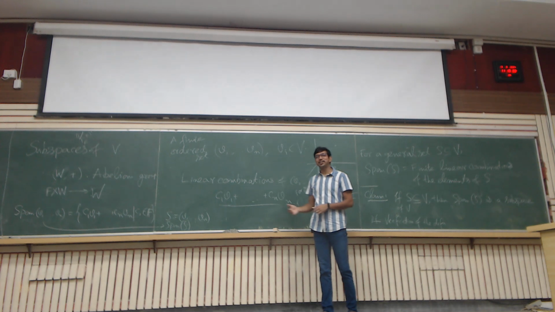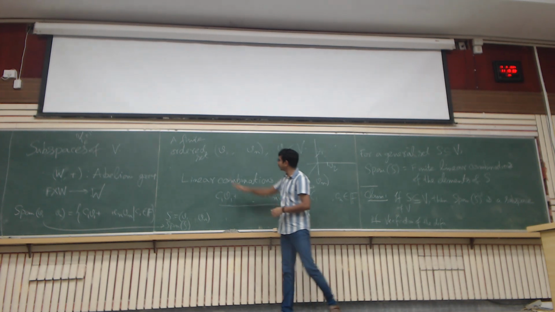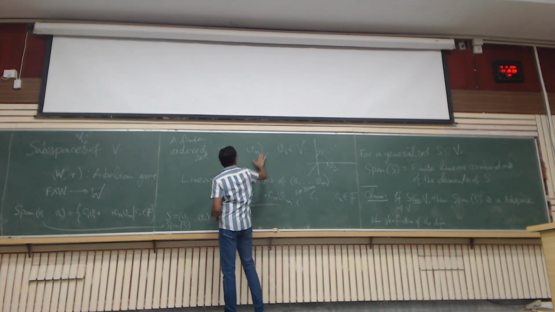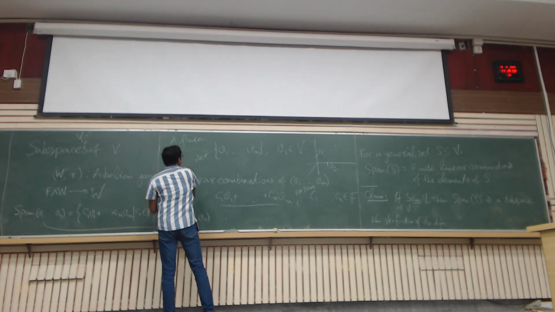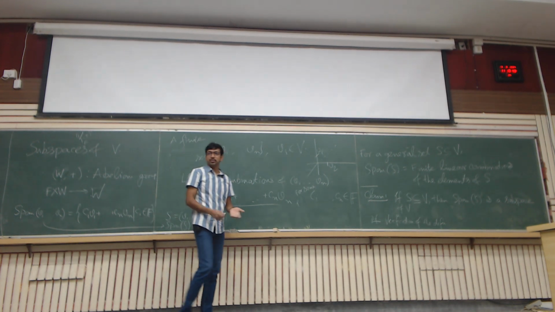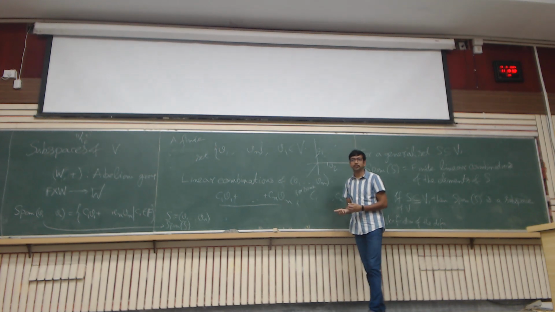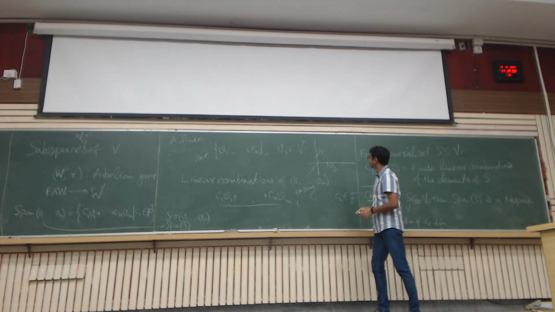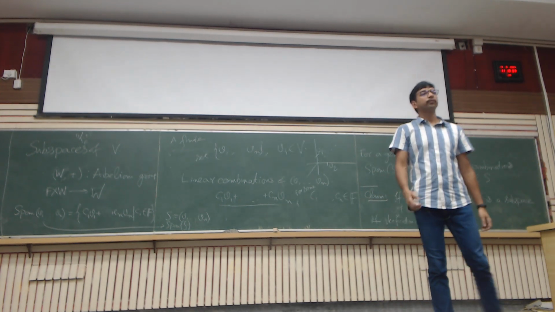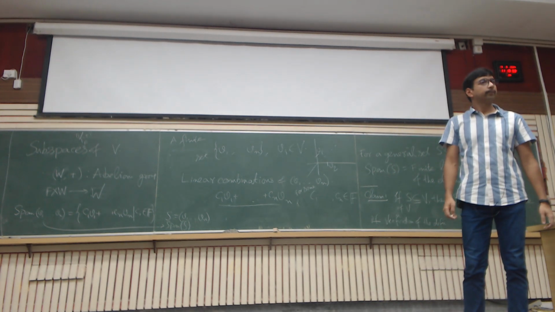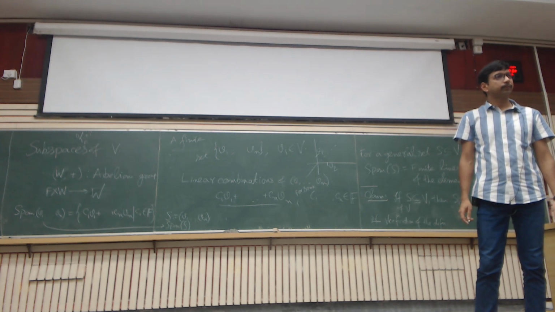It's just standard to start with the ordered set of vectors. But if instead of ordered pairs you had taken any set, this still works. All the linear combinations of these are giving you the same thing. Sir, initially we are writing a finite ordered set. In that case, can we write that S is a subset of V? I mean, V is a set of all the vectors in a space.